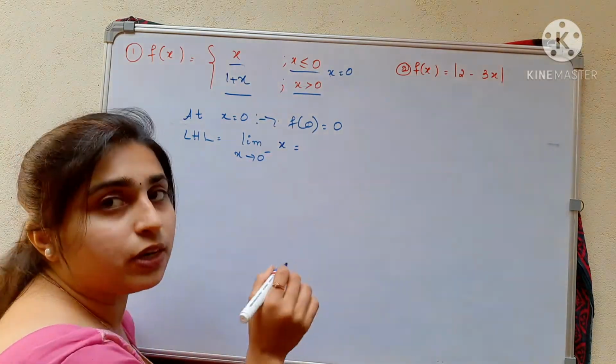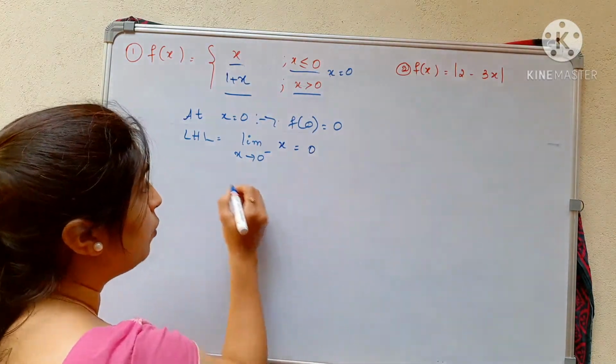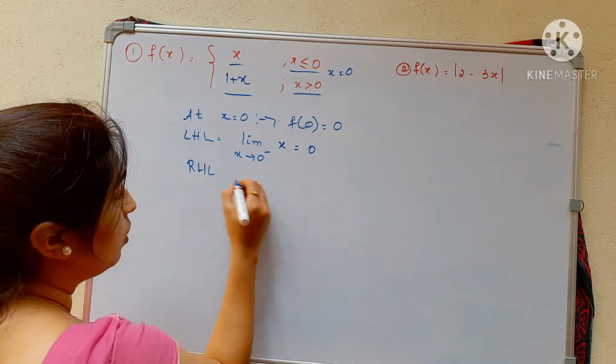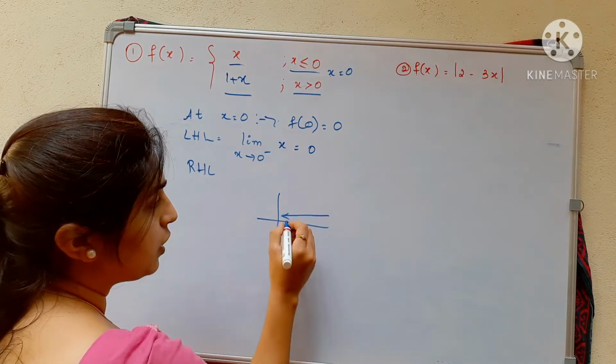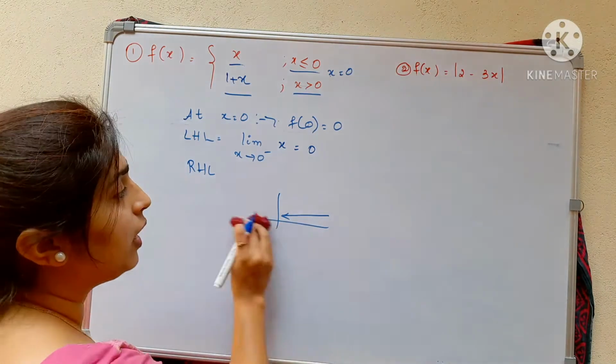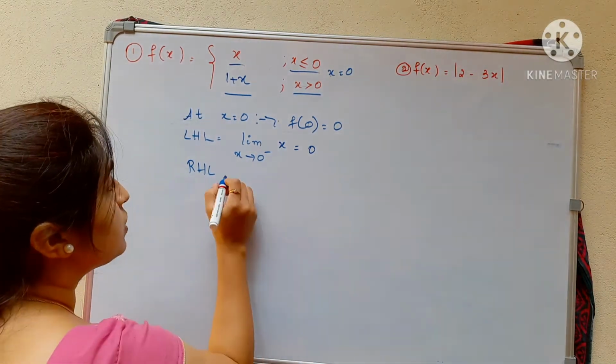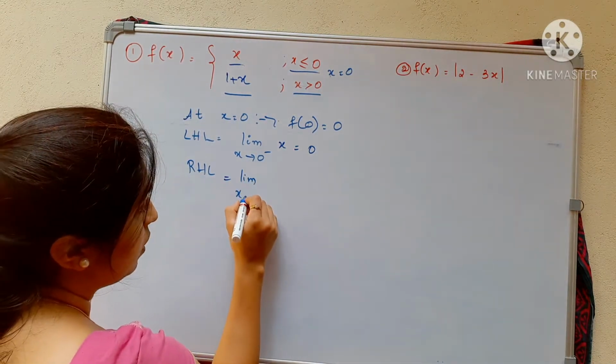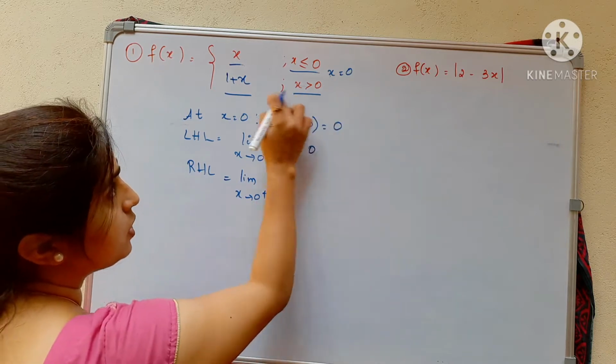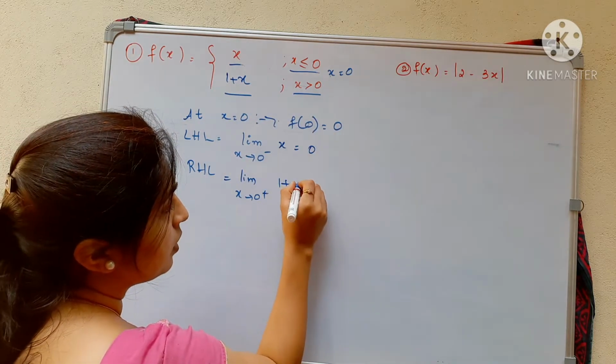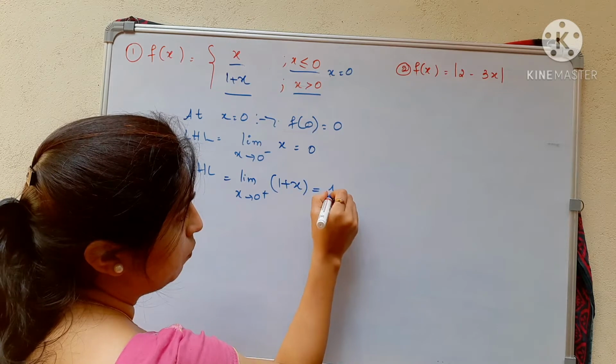If I substitute x equal to 0, it is 0. For the right hand limit, we check whether it is continuous from the right at that point. Limit x approaching 0 plus, the function is 1 plus x. If I substitute, it will be 1.